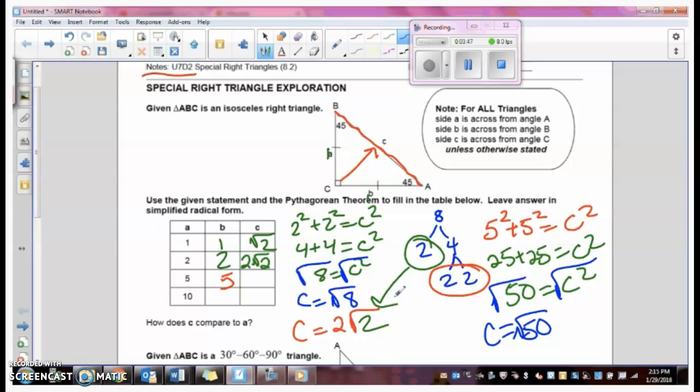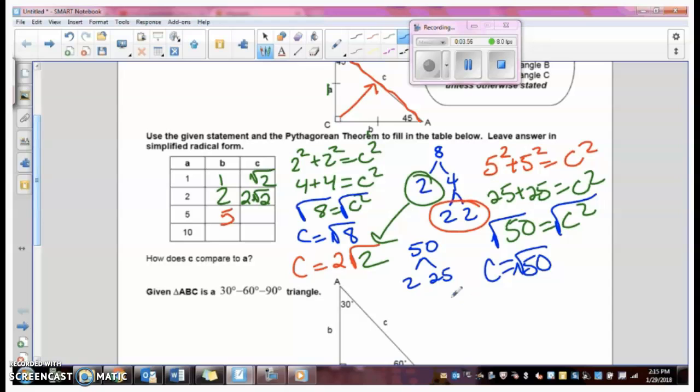So 50, if you split that up, you can turn it into 25 and 2. And then the 25 gets split up into 5s.